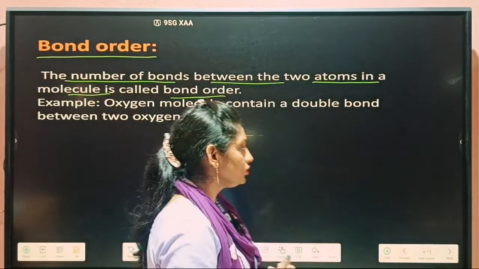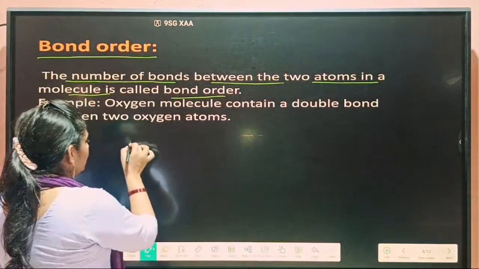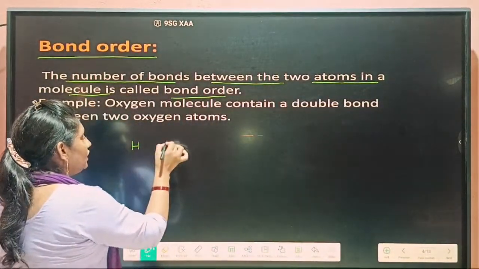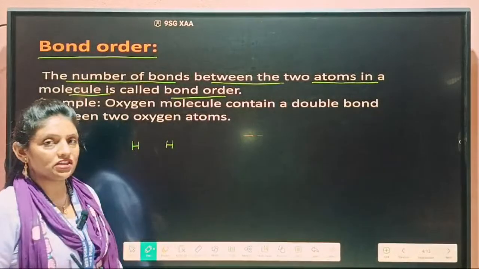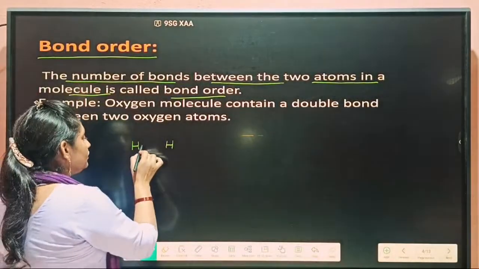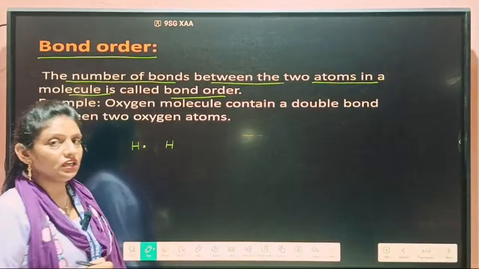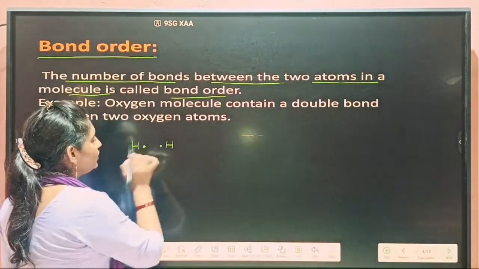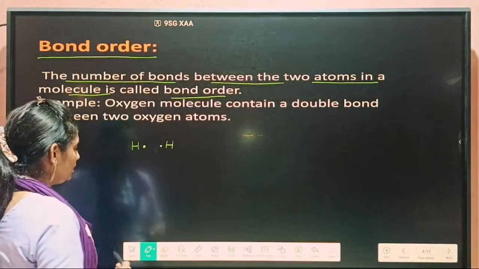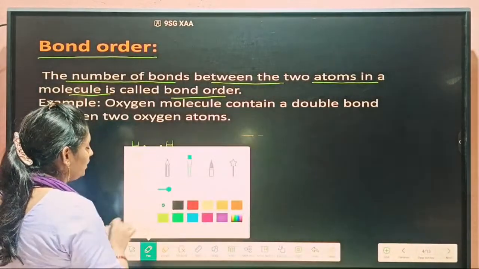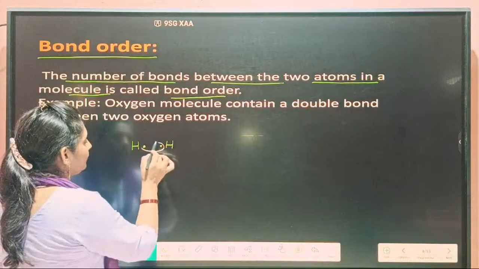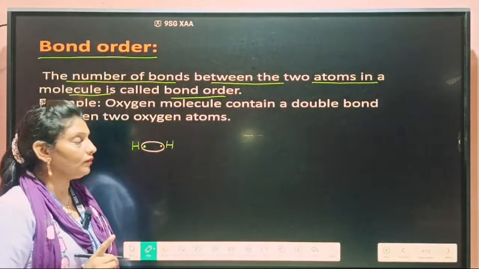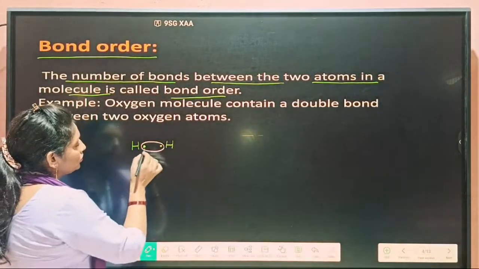For example, students, if I talk about hydrogen, H2, hydrogen gas, then you know very well there is one electron in the outermost shell of one hydrogen. By sharing one electron, they can complete their duplet.